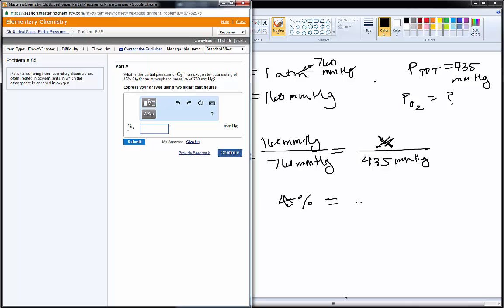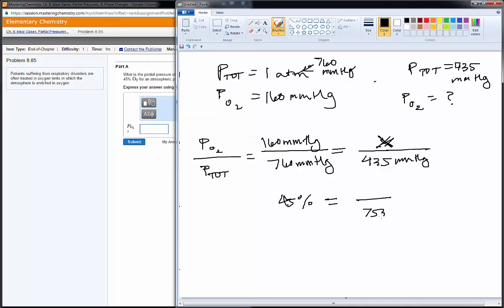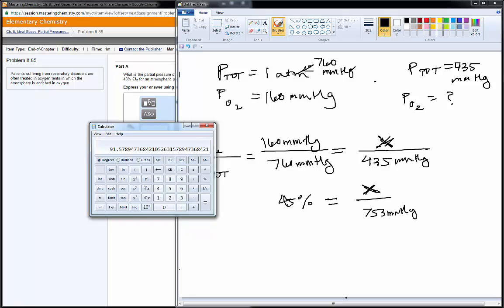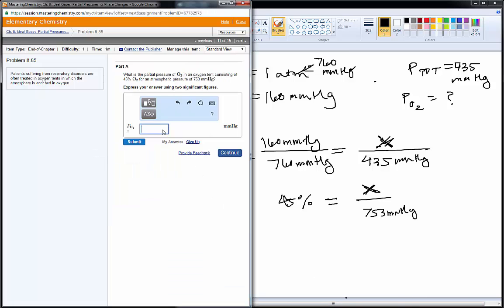And if the atmospheric pressure is 753 millimeters mercury, then what is the X? How much of that is oxygen? So at 753 millimeters mercury, 45% of that is oxygen, then 45% of the pressure comes from the oxygen. So the pressure that the oxygen is exerting is 338.85.